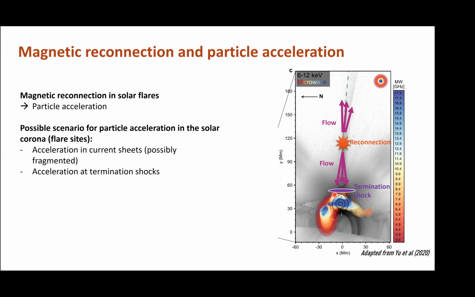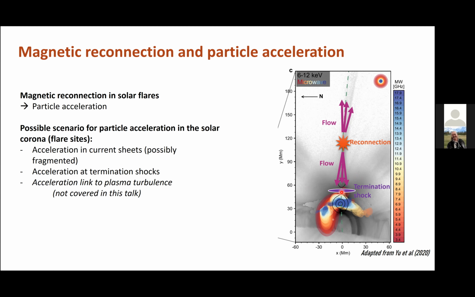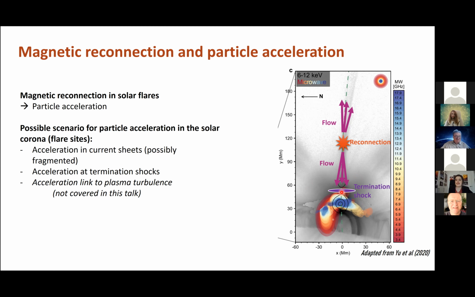And such a shock is also a good place to accelerate particles. This also is a good place to create plasma turbulence, and turbulence is of course a good way to accelerate particles as well, but this is something I will not cover so much in this talk.